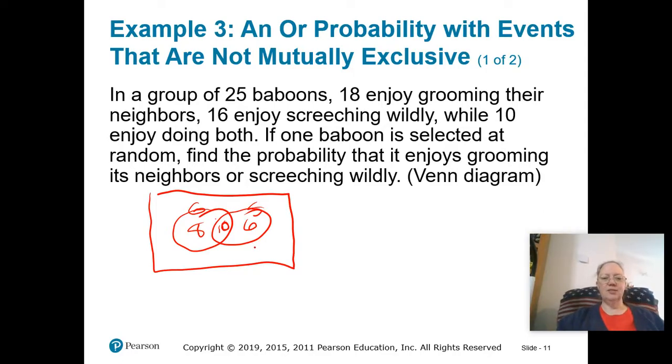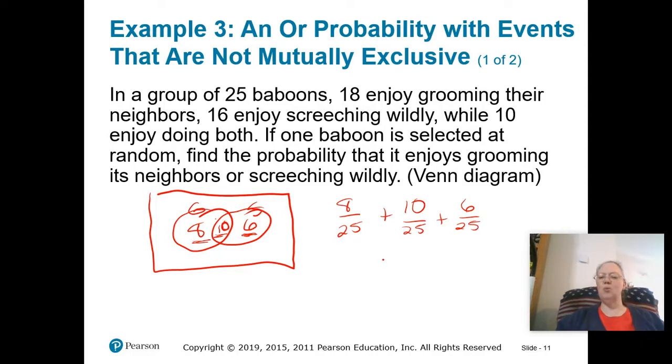So we want the number that groom or screech, or remember we add them all up, so we need this one, we need this one, and we also need this one. So I need my 8, and there's 25 baboons, and there's the 10 out of 25 baboons, and there is the 6.